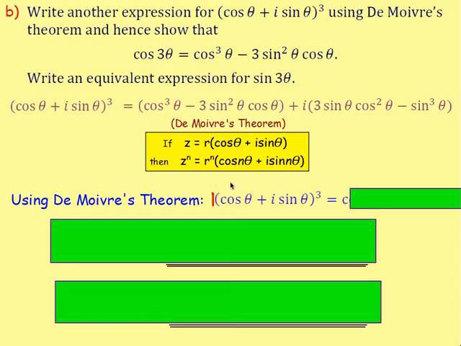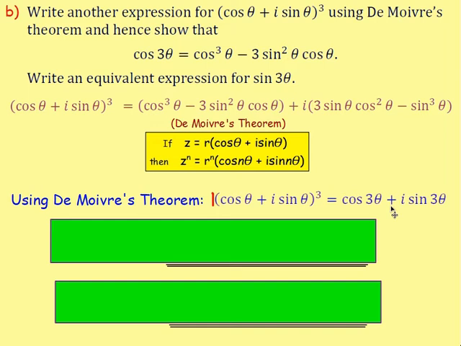So we'd be left with the argument to deal with. Because it's to the power of 3, you just multiply the argument theta by 3. So you'd have cos 3 theta. And then with i sine theta, again multiply this angle, the theta, by 3. So you'd have i sine 3 theta. So using de Moivre's theorem, that's what you get.